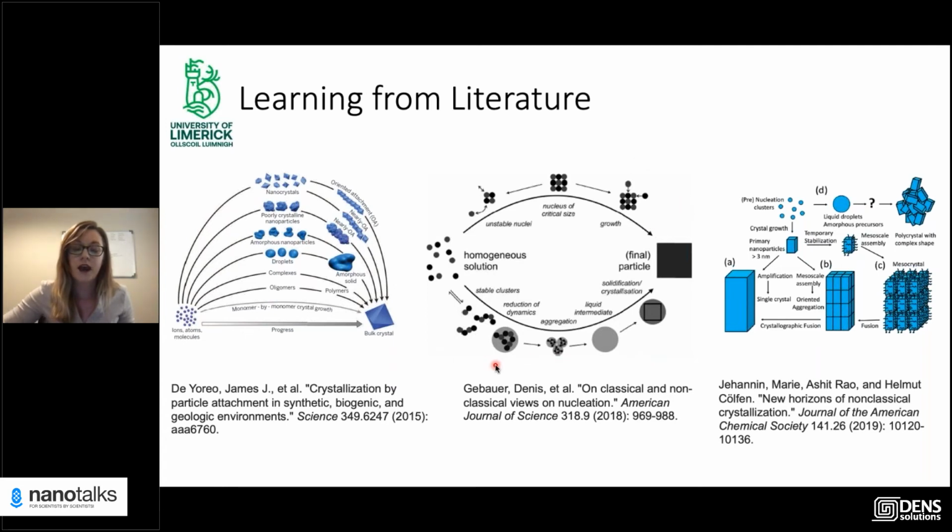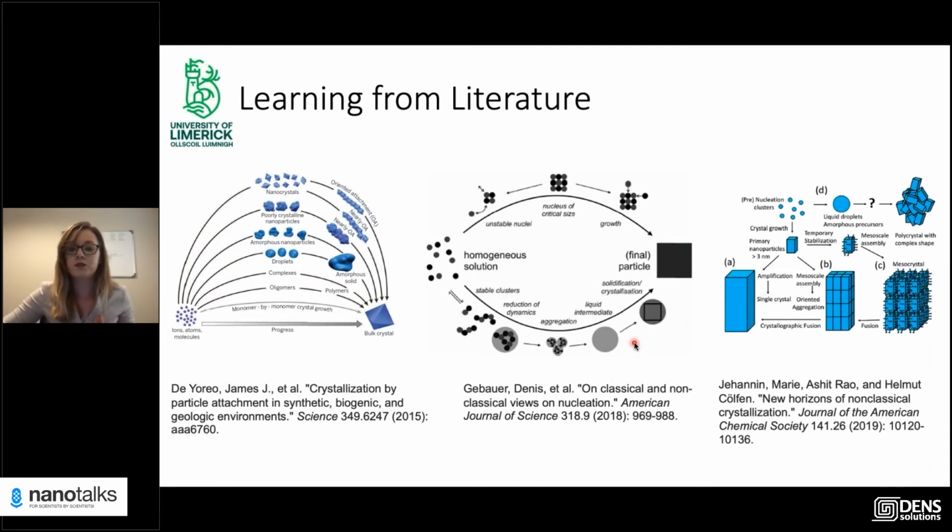And this is where you have stable clusters like what we saw before. You have some sort of dynamics happening where they come into aggregates. A liquid intermediate is formed. So this is something like we see that intermediate where the individual particles have come together to form this unstructured mass.